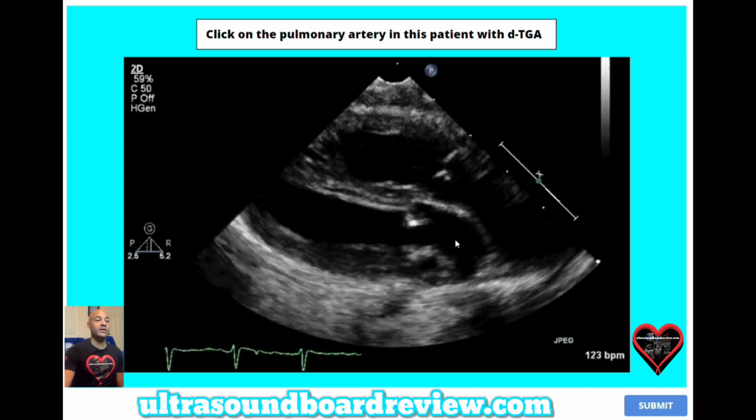The answer is right here. This is the pulmonary artery. This is the left ventricle, right ventricle, aorta.